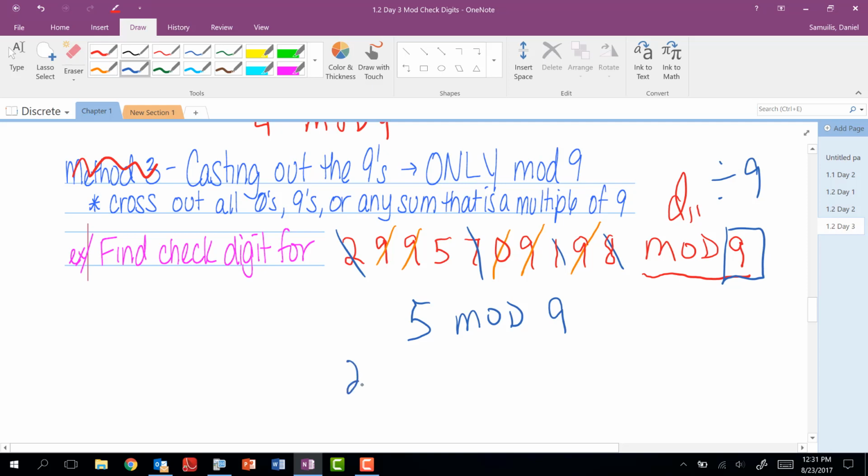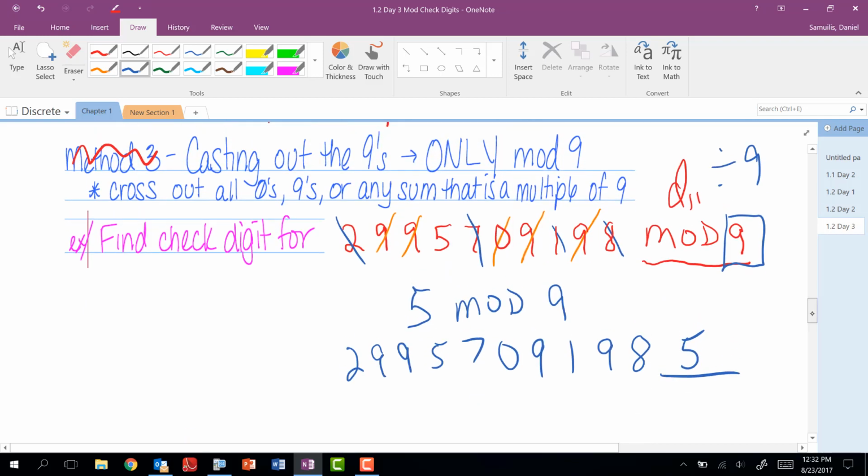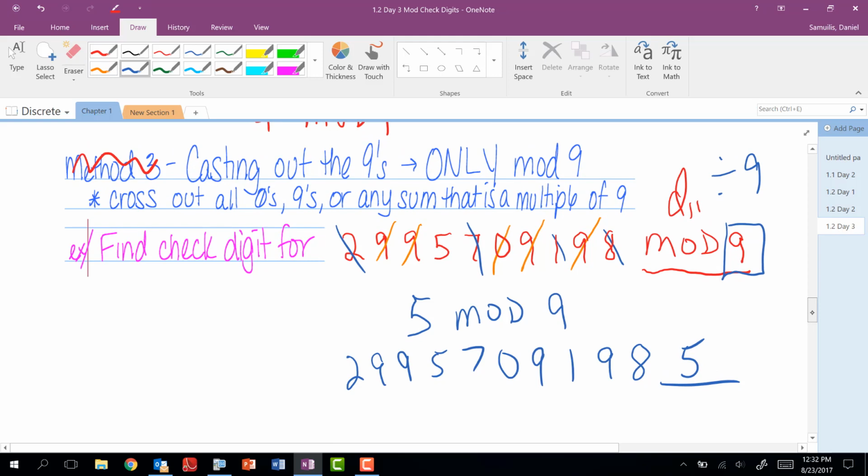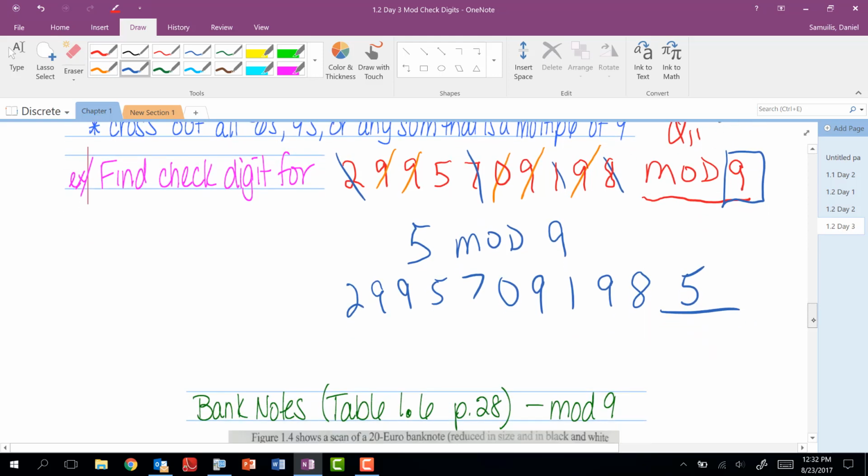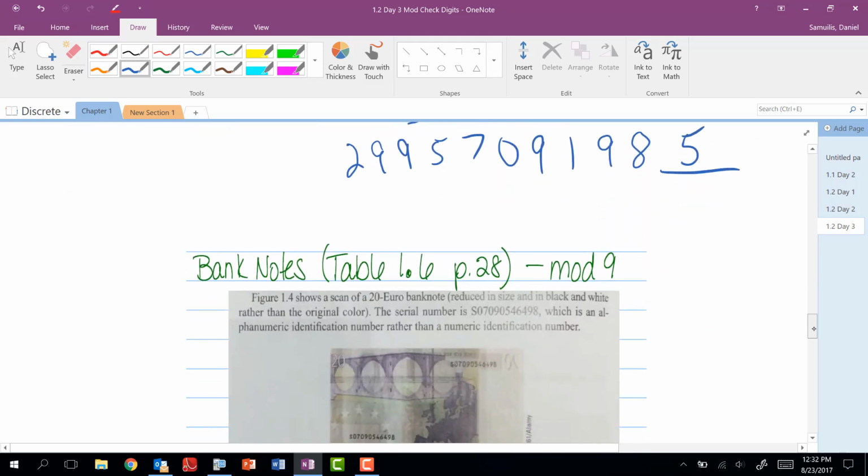So the digits are actually 29957091998, and then the check digit is 5. That's a typical mod anything scheme. The only reason we are doing this special thing is because mod or divided by 9, you can do something special. All right.